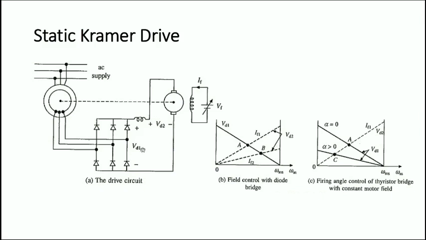Here we have an inductor, again for ripple minimization. You can see that till here it is the same as the static Scherbius drive, right? And here we keep another mechanism instead of the inverter feeding the energy back to the AC supply.